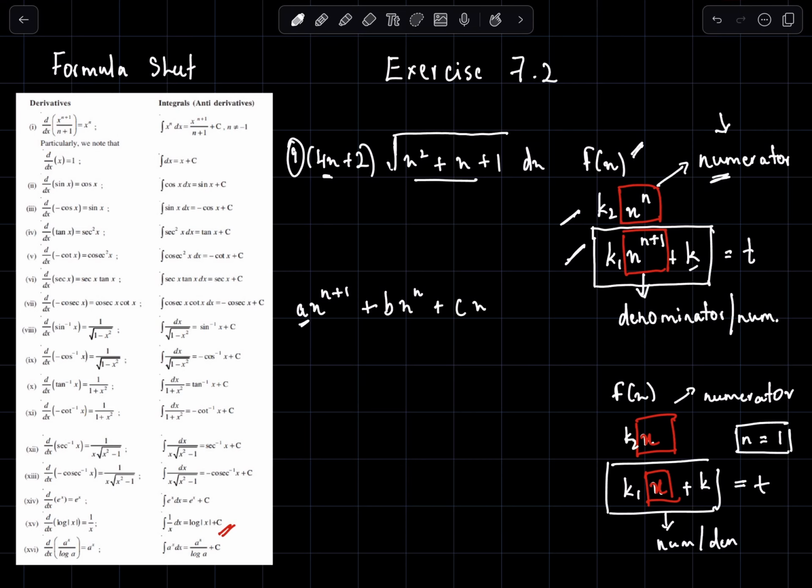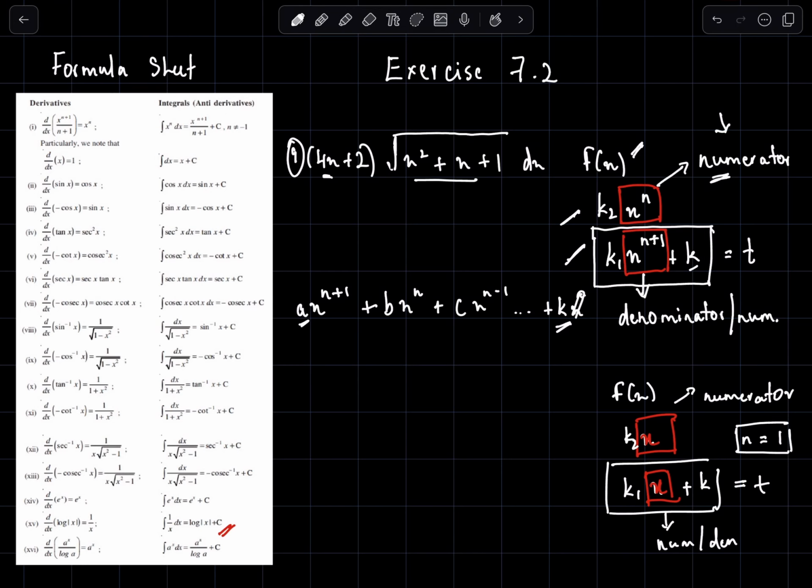So on till some value k times x raised to the power 0, which is 1, some constant, right? This would be your equation, right?